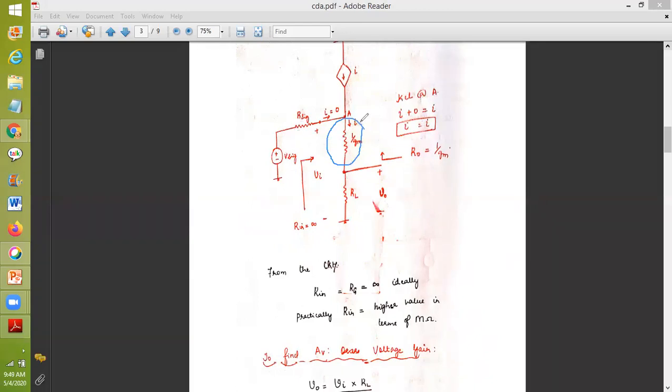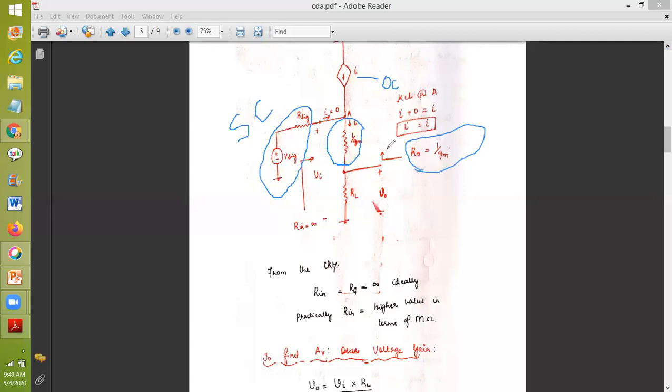For this, what you have to do is short circuit this and open circuit this current source. If you short circuit this and open circuit the current source, you will get the value of R naught equal to 1 by gm.